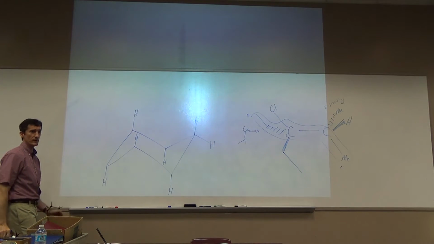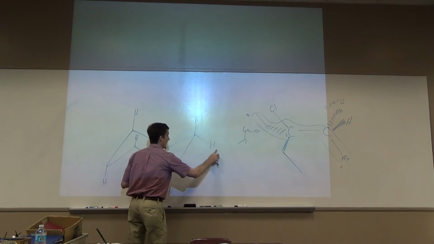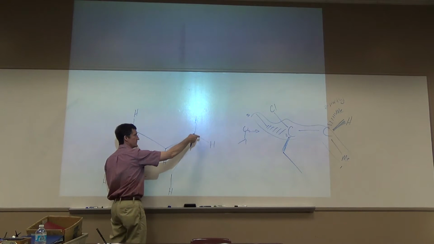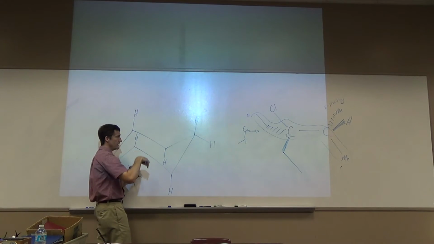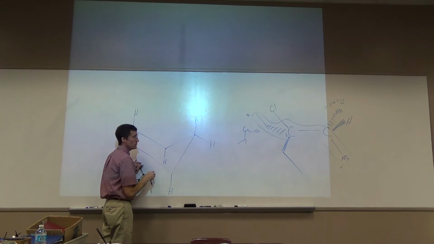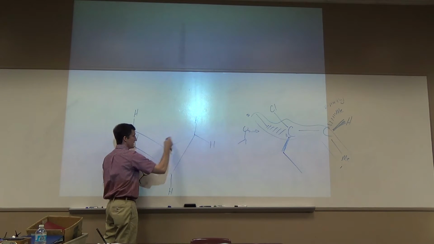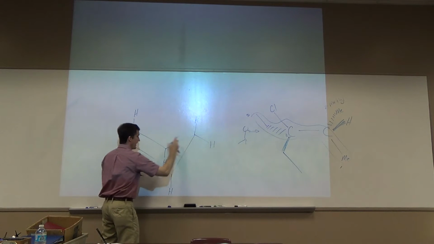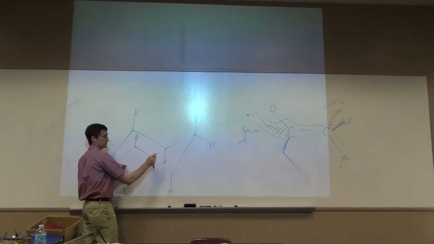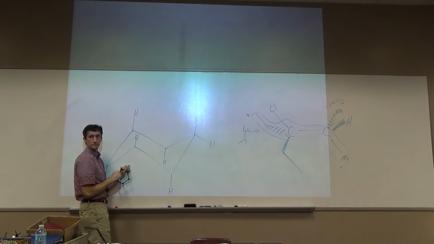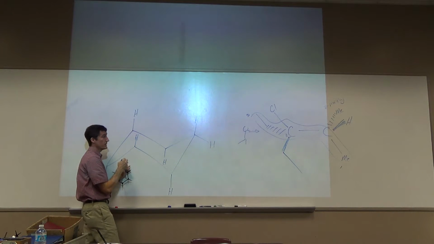How do I know where to draw that? That's because this bond is going to be parallel to not the carbon-carbon bond attached there, but this. This bond is parallel to these two. Is it? I mean, did I draw that way?